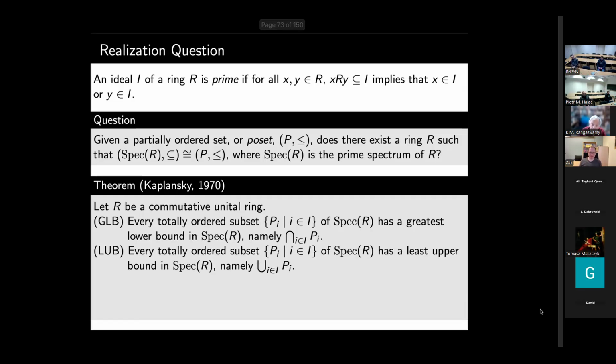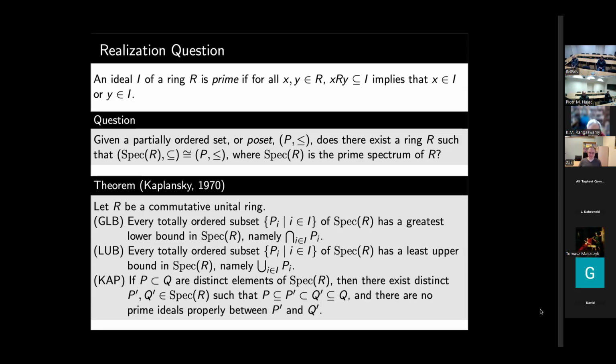And the same thing for least upper bounds. If you take in a commutative ring a chain of prime ideals and you take the union, you get another prime ideal. And the third condition is kind of interesting. I'm going to refer to it as the Kaplansky condition, and it's a discreteness property. It says that if you take two prime ideals, P and Q, P properly contained in Q, then between them you have to find two more ideals, P prime and Q prime, so that between those there's no prime ideals.